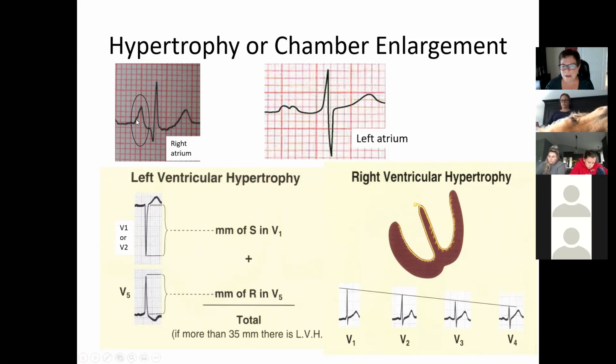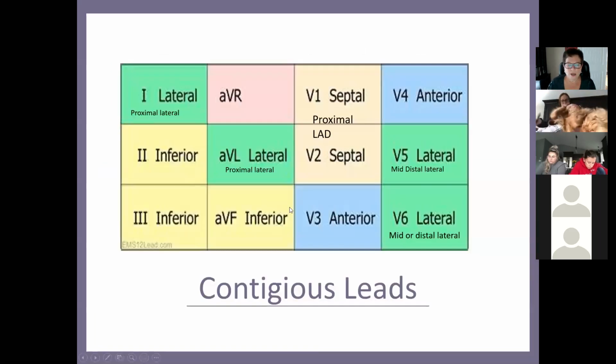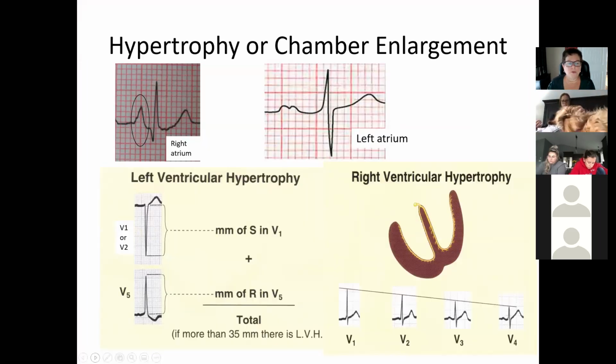So when I look at peaked prominent Ps, I say, oh, I have right atrial enlargement. When I have P mitral, it's an M shape to my P. That tells me I'm looking at left atrial enlargement. When we talk about hypertrophy of the left ventricle, it's all about voltage.